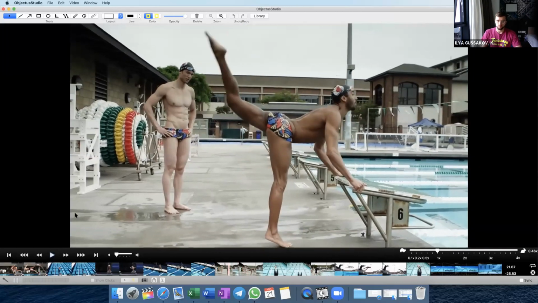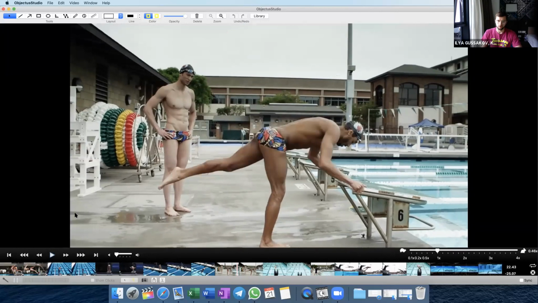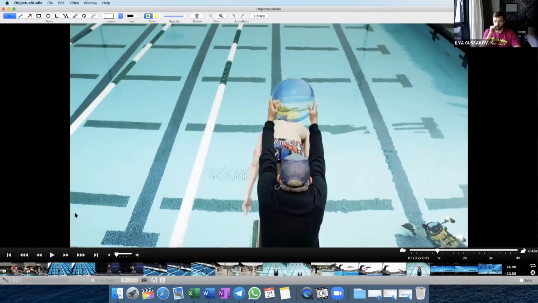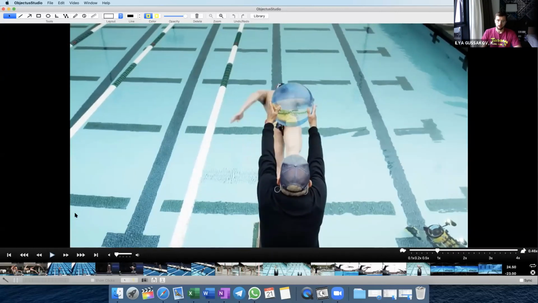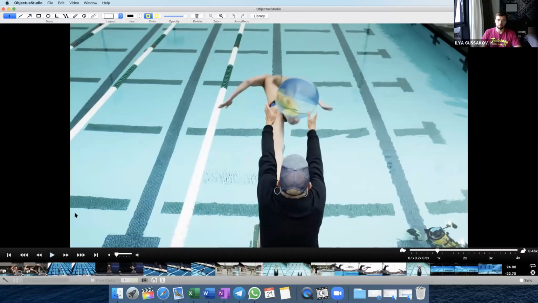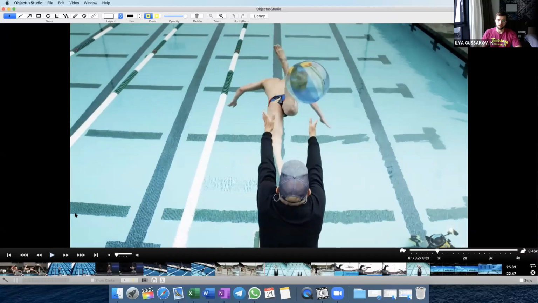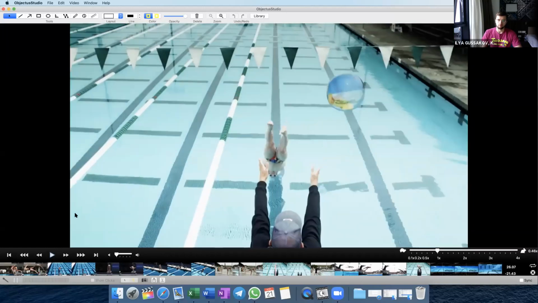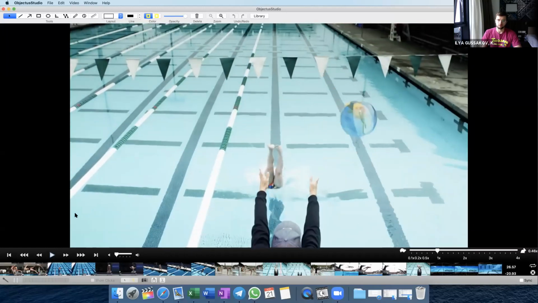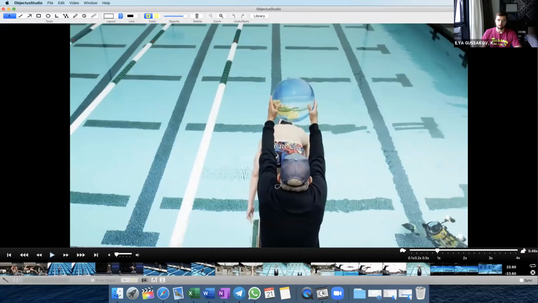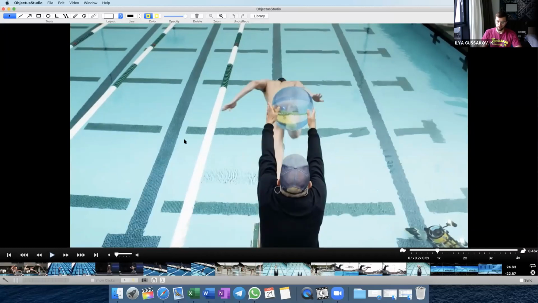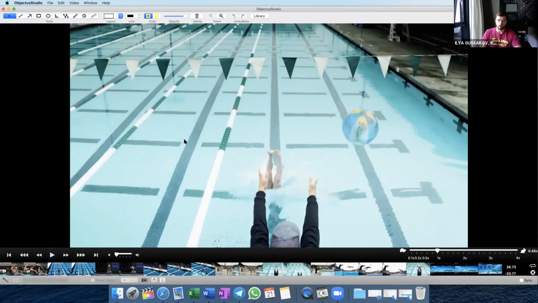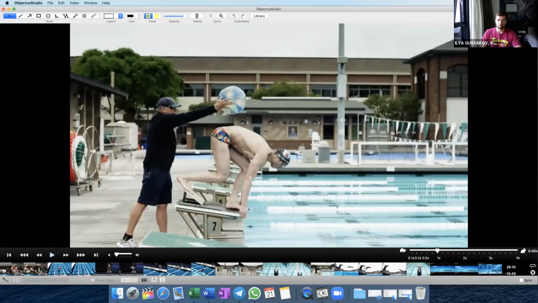Another good drill is to jump with a ball. You're holding the ball and asking them to kick the ball, and that way you force the athletes to feel that they're sending their legs up high. So it looks like this.